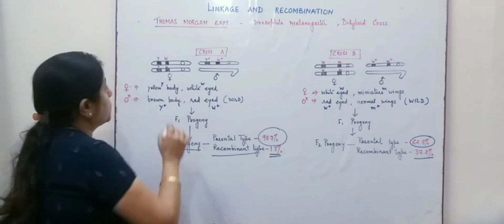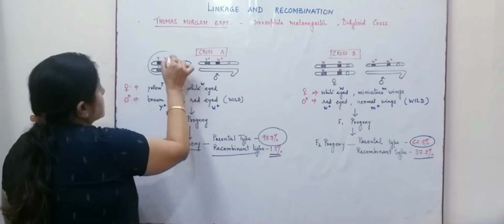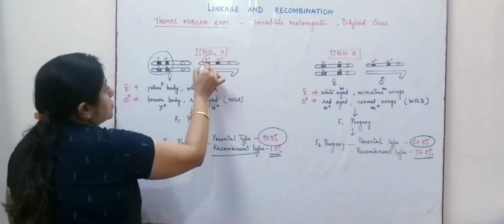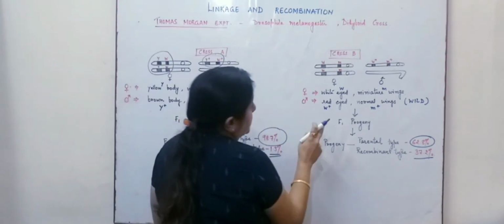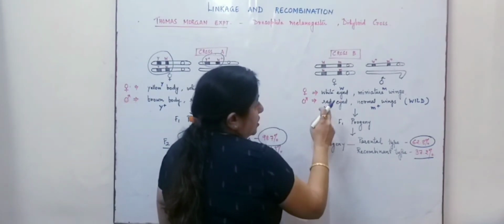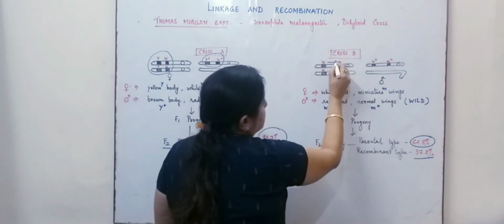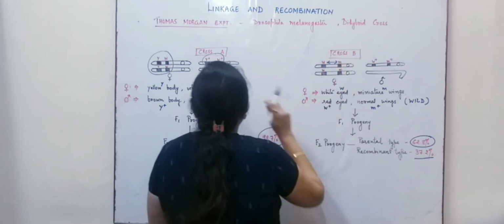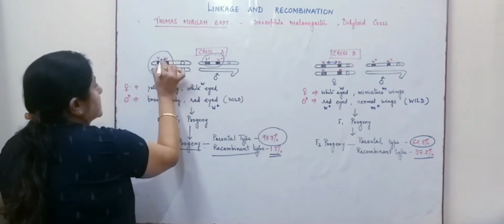They are placed very close to each other. And when we talk of cross B, the two genes corresponding to the white-eyed trait and miniature wings, the distance is more. Over here, the distance is comparatively less.